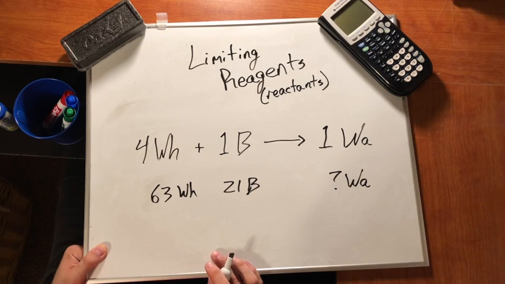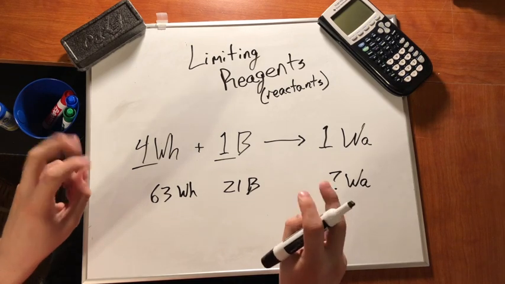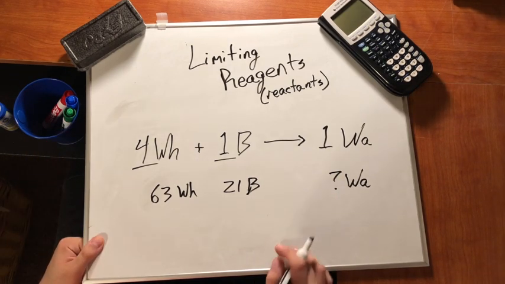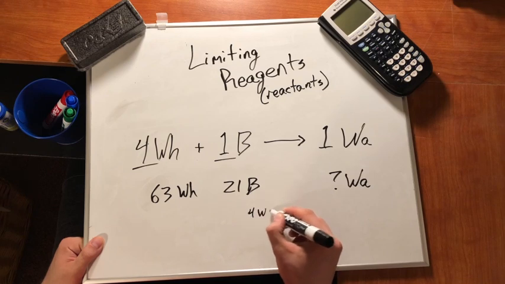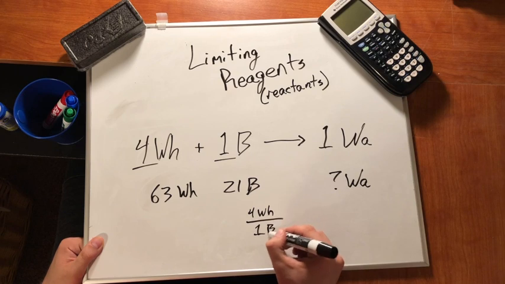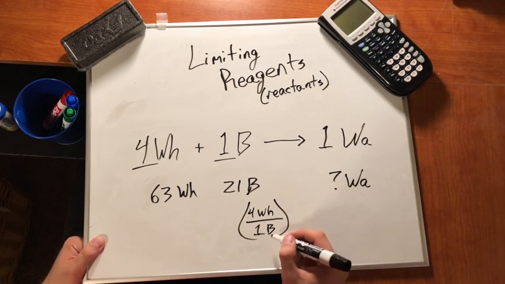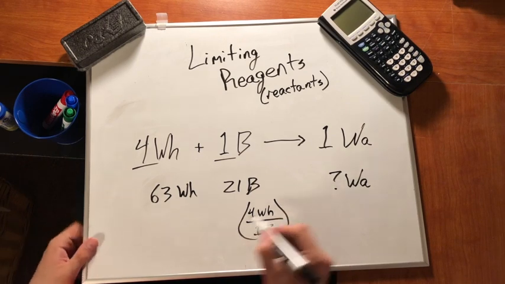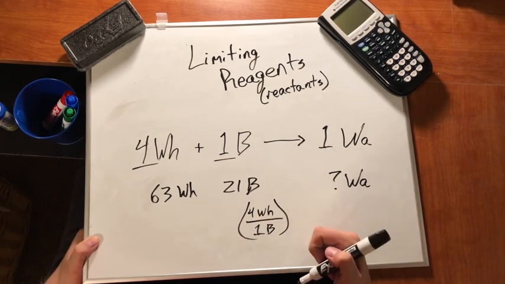Okay, and really what that is, that's just going to come straight from our reaction, so to speak, where in order to make a wagon, my ratio is 4 wheels to 1 body. Okay, that's the ratio of reagents that will make my product. Okay, and this conversion factor is going to help me do that.